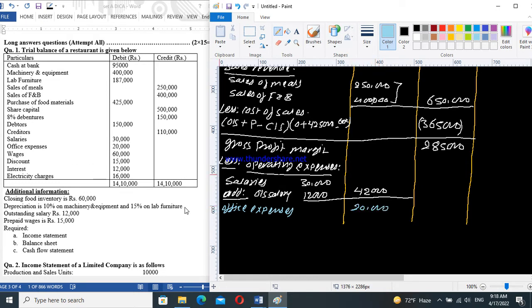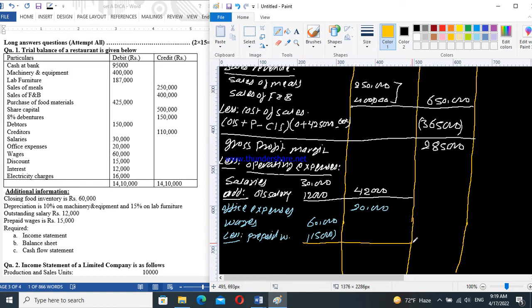Next, wages 60,000, less prepaid wages 15,000. The value is 45,000.